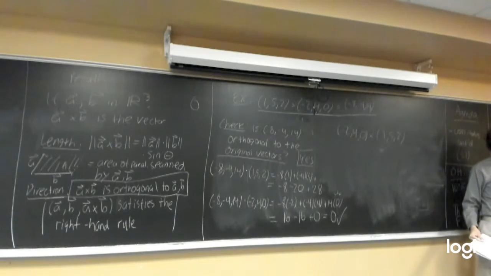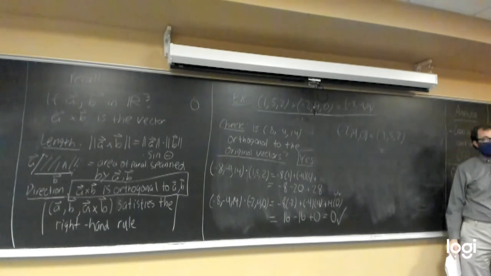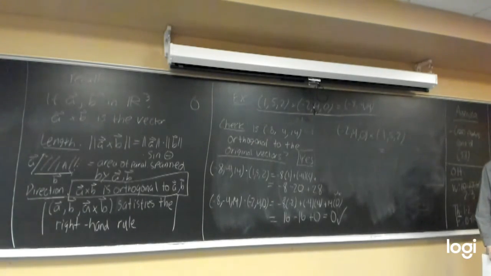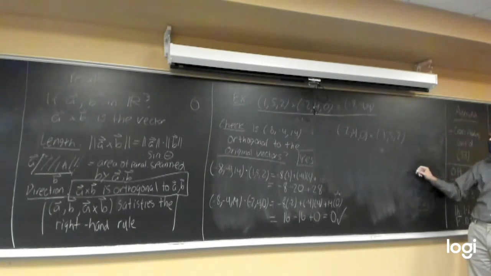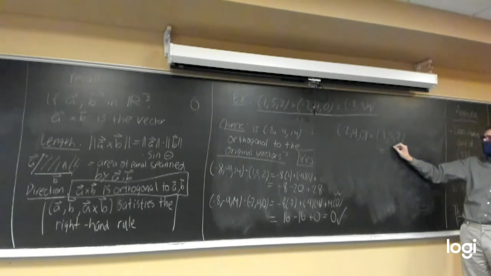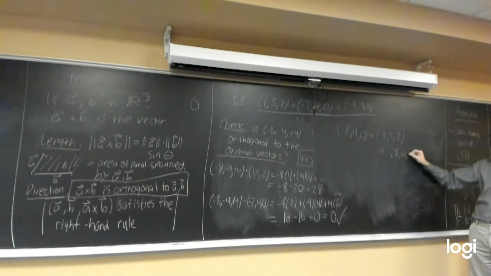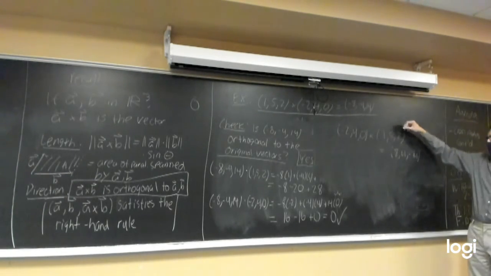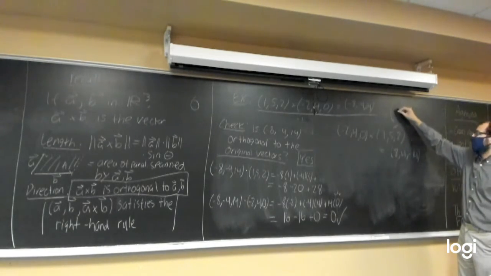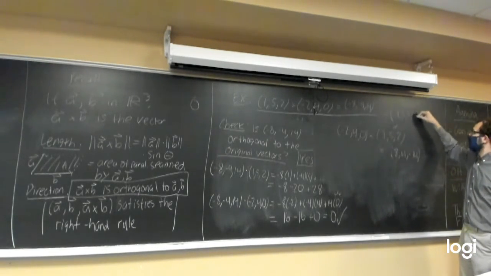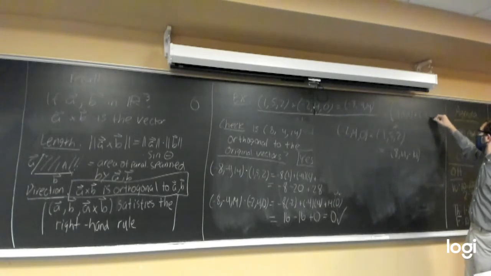We just did a switcheroo on the order of our vectors. I think we should be able to find this without having to do any additional work. What does that come out to? Should just be 8, 4, negative 14. Bingo. The negative of what we got before.